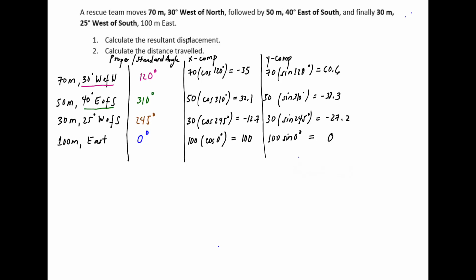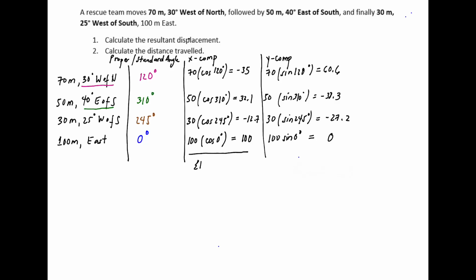Okay, and so the next thing that we're going to do is to find the summation of all our x components and the summation of all of our y components. Since we are using R, we could have here the sum of all our resultant vectors.